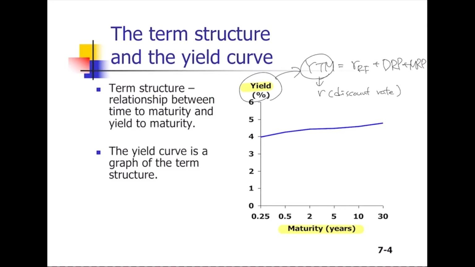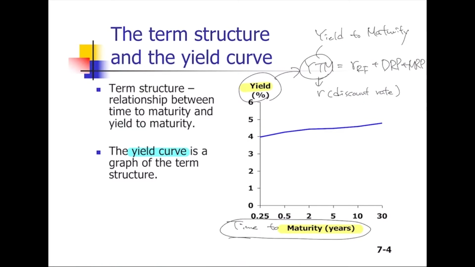And what does the blue line represent? The blue line we call the yield curve. The yield curve is a graph of the term structure. As I mentioned before, term structure is a relationship between time to maturity and yield to maturity. So the x-axis is time to maturity, the y-axis is yield to maturity.